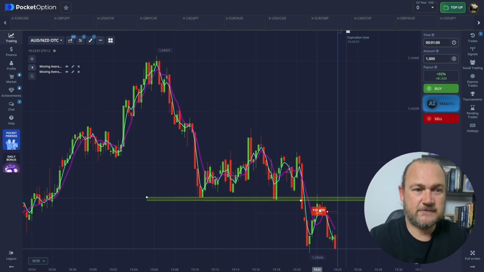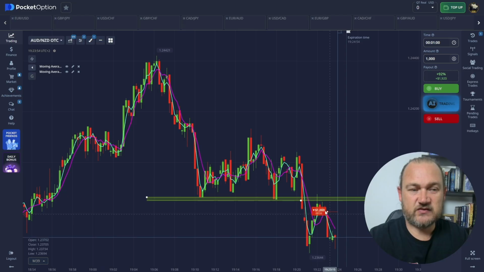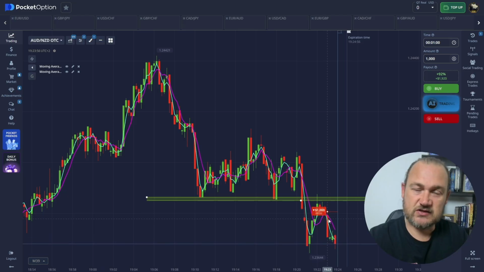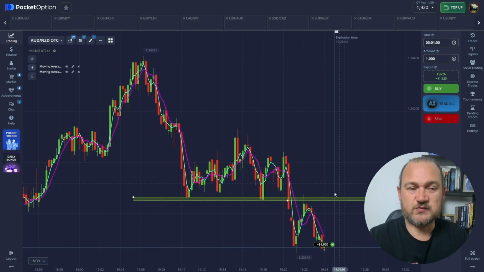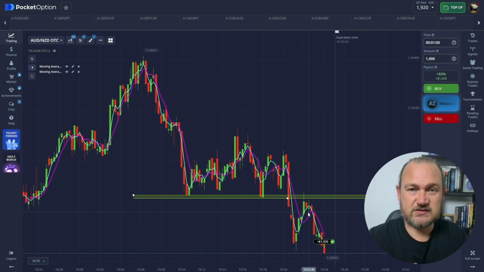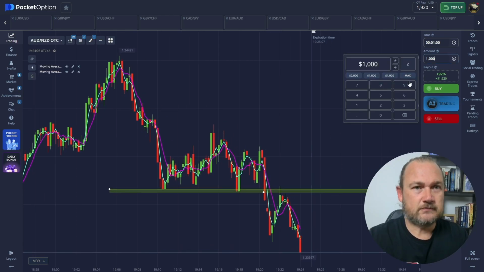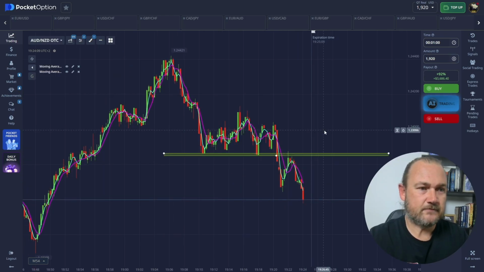It's as simple as that. Because the moving average confirmed for me that price continues downwards, right after rejecting a support or resistance level, I'm just going with the price movement, which in this case is downwards. That was an excellent entry.